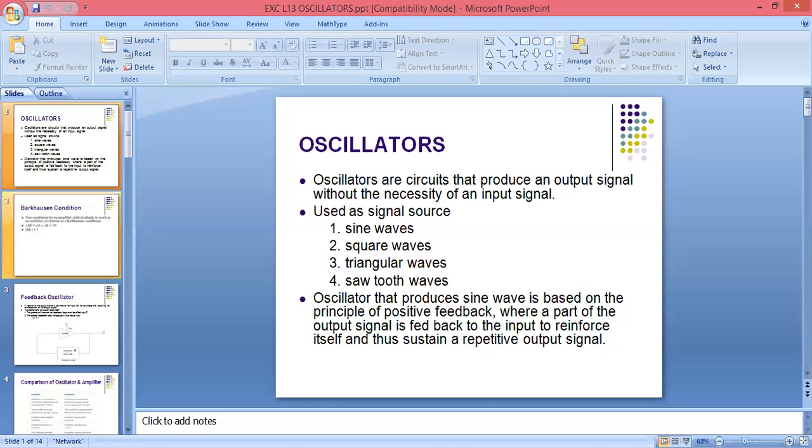Again, we are using load resistance at the output, and depending on the resistance values, we can classify negative feedback amplifiers into 4 types. Then again, we have seen negative feedback amplifier topologies: voltage series amplifier, voltage shunt amplifier, current series amplifier, current shunt amplifier.